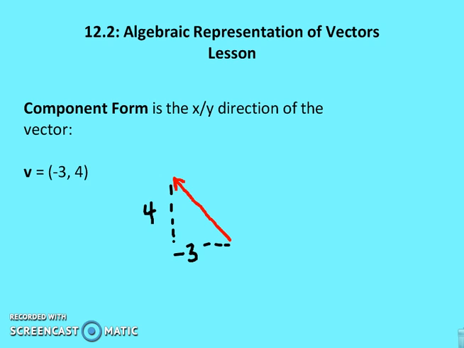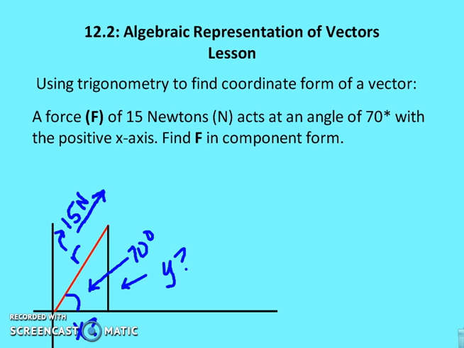So the vector is represented as the red vector, moving 3 units to the left and then 4 units up. And that form in parentheses, like a coordinate, is called component form. But instead of a coordinate, it's giving you the direction, and then ultimately you can derive the magnitude from that vector.